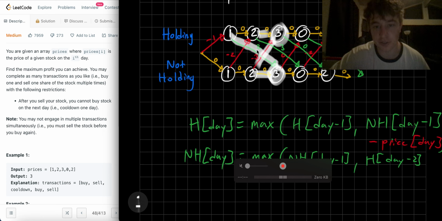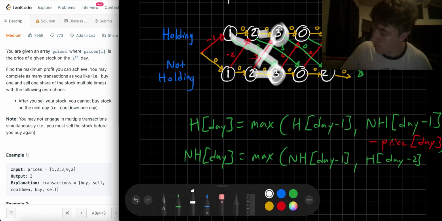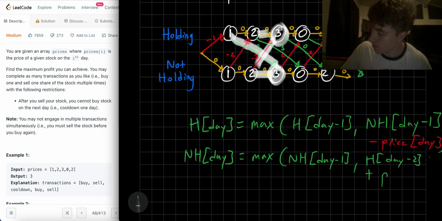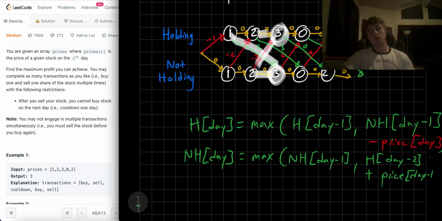Here you get 2, 3, this is 2. Even though it's 0, the value you get would be 3 from this previous day. So I'd get plus price at the previous day. So that's your recurrence relationship in this problem.